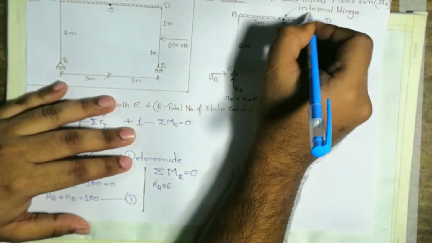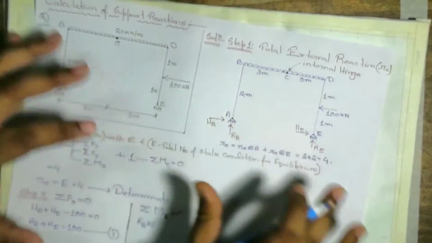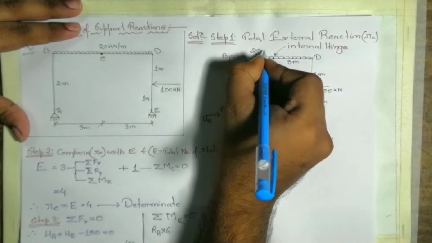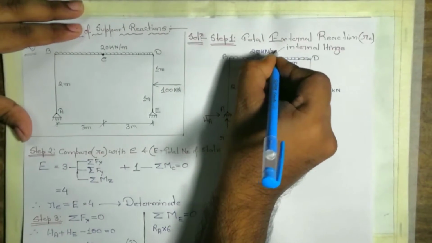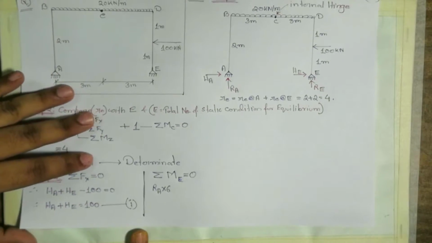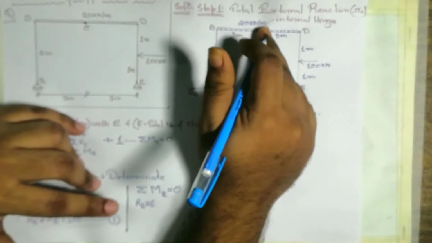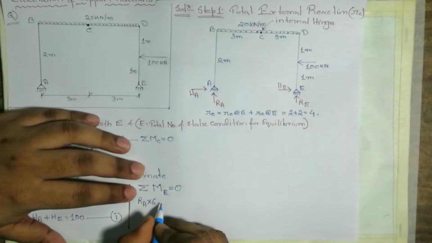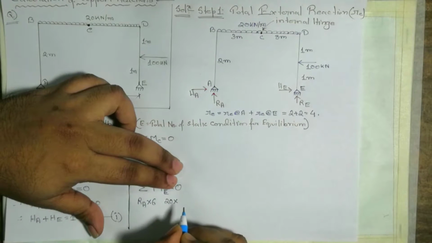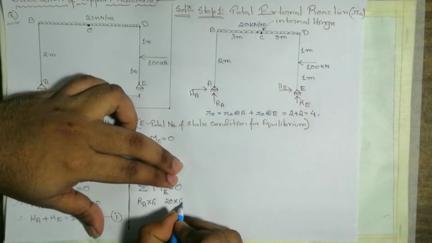Now this particular UDL is 20 kilonewton per meter. Therefore, if we consider the total load, it will be 20 into 6.